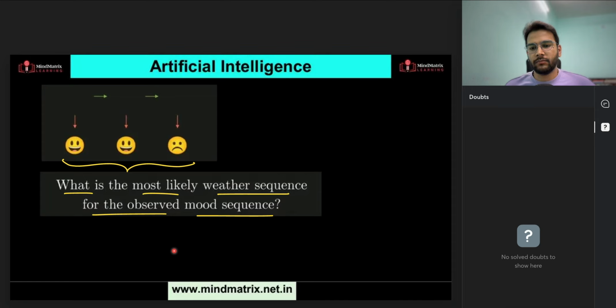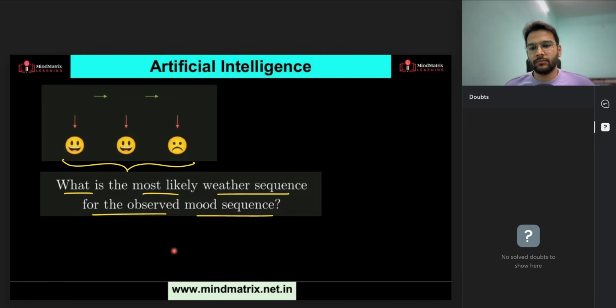Are you sure? Anyone else? How many total weather sequences are possible? It is a simple permutation question. How many weathers do you have? You have 3 types of weather: rainy, cloudy, and sunny.